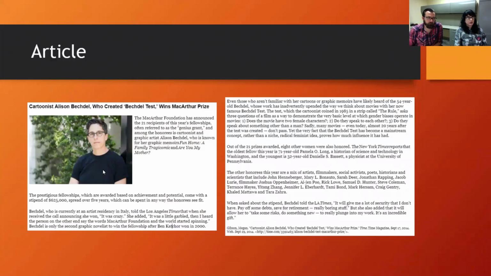So even though she's a queer writer who writes about queer issues, this particular article is not dogmatizing our students with the idea that queerness is okay. It's just discussing that she's a writer who won this prize.